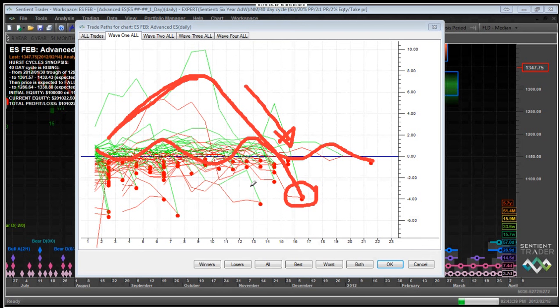Here's a trade that has the shape of a winning trade, and then it turned into a losing trade. The whole idea of using this trade path information is to avoid winning trades turning into losing trades. How do you know the difference? Because you start watching the trade path of your trade.